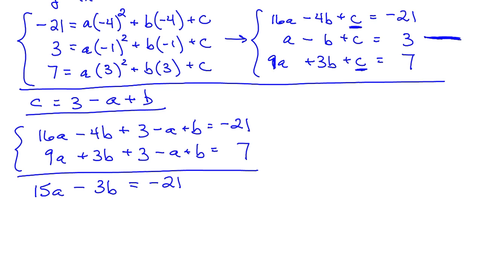No, hang on. 24. My bad. All right. And then 9a minus a is 8a. 3b and b is 4b. And 7 and 3 is 4. 3 comes over as a negative. Okay.